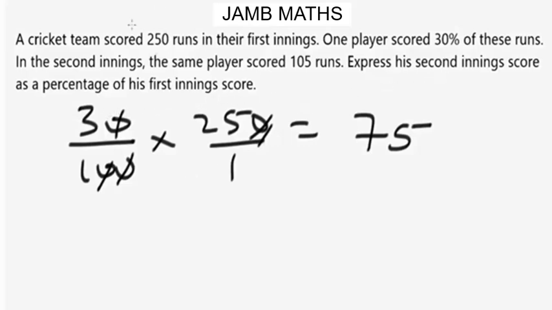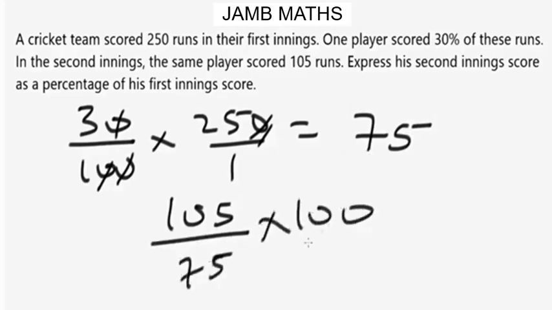So to do that, you will begin by doing this. That's the same player scored 105 runs. That should be the ones of that player's second innings. That's 105 over the ones of the same player's first innings. That's 105 over 75 times 100 over 1.